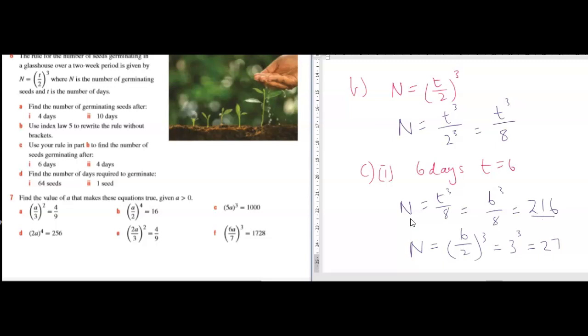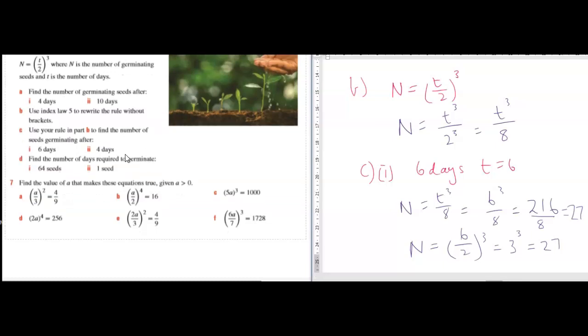So 216 divided by 8, and I just have to double check that on the calculator, is 27. Okay, so I think it's easier using the original rule.